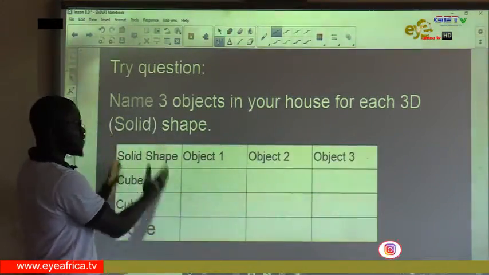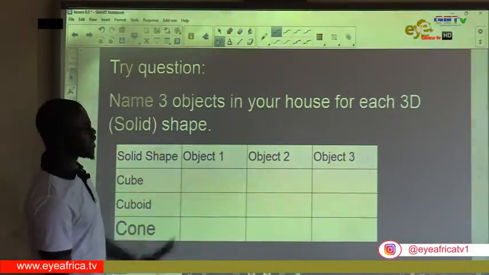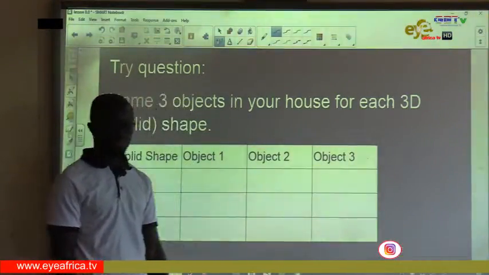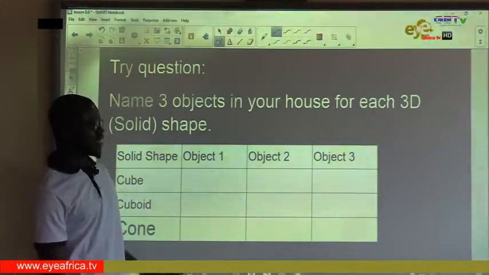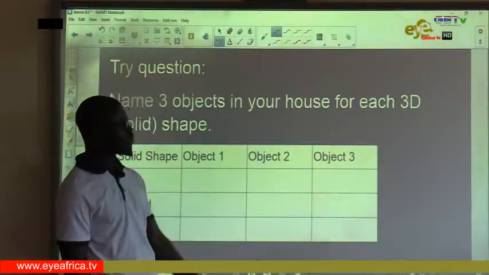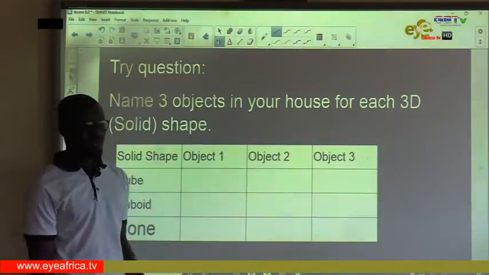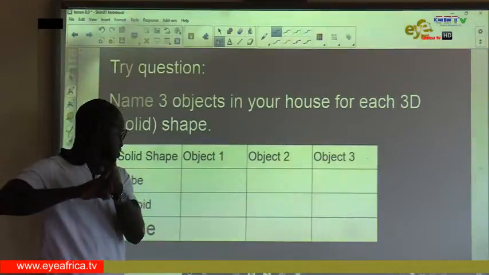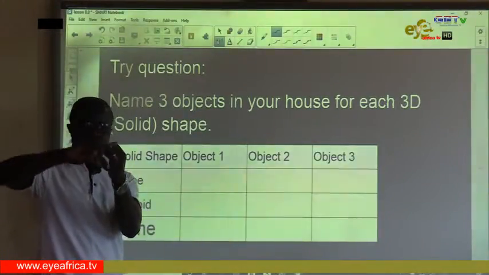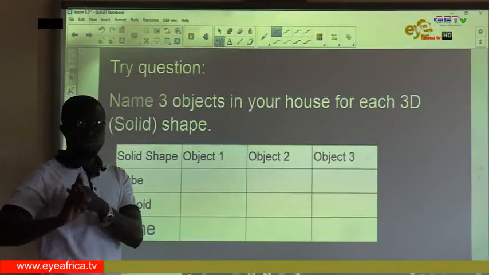Now that's going to be your first column. When you draw the first column, you add 3 more columns. You label them as object 1, object 2, and object 3. So in each of the columns, you are going to name 1 cube, 1 cuboid, and 1 cone.